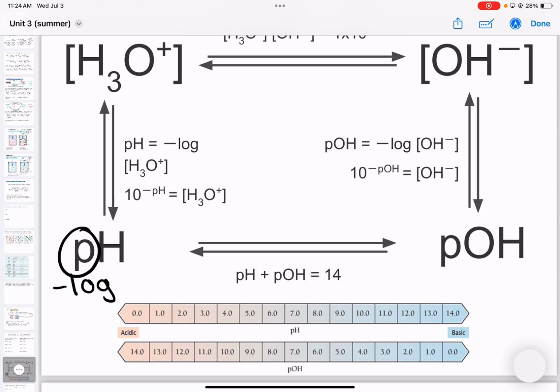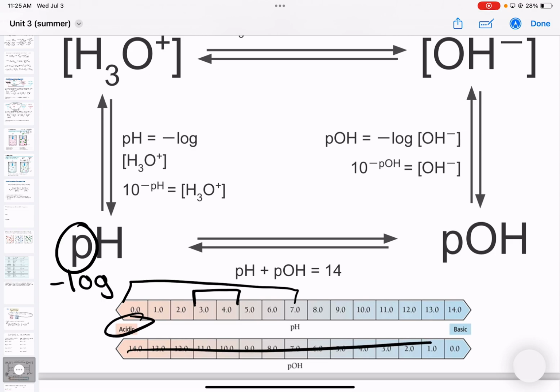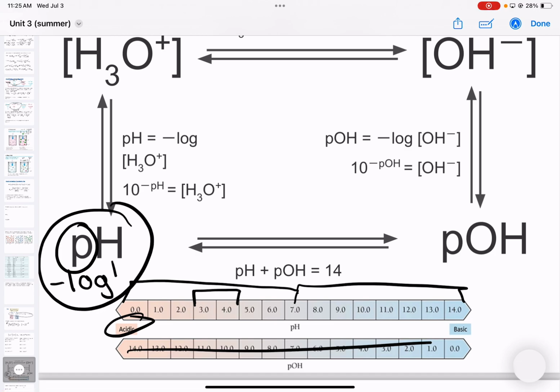So they might know that blueberries should be in a pH of like 3 to 5 at the most. That is a measure of how acidic the soil should be. So everything with a pH under 7 is considered acidic. Ignore the pOH for now. And everything above 7 is considered basic. And pH is the negative log of the H3O plus.